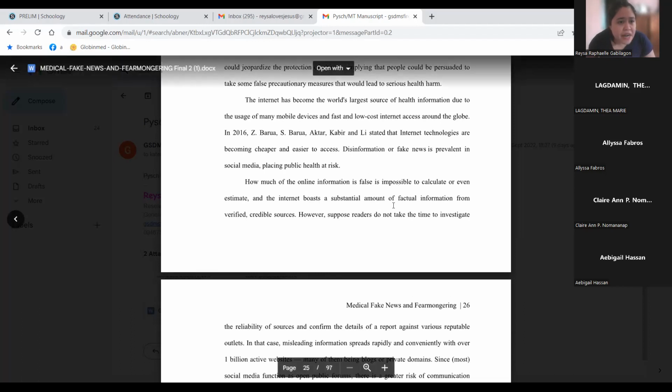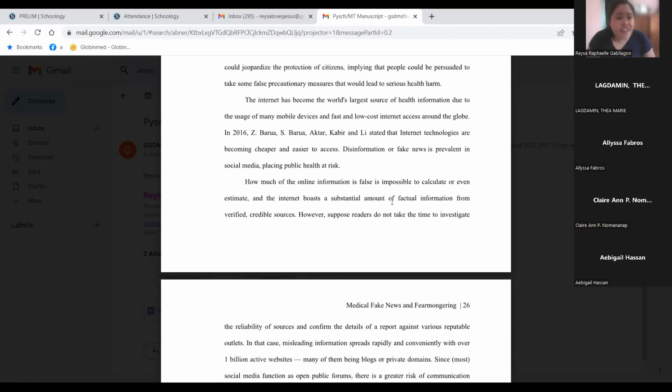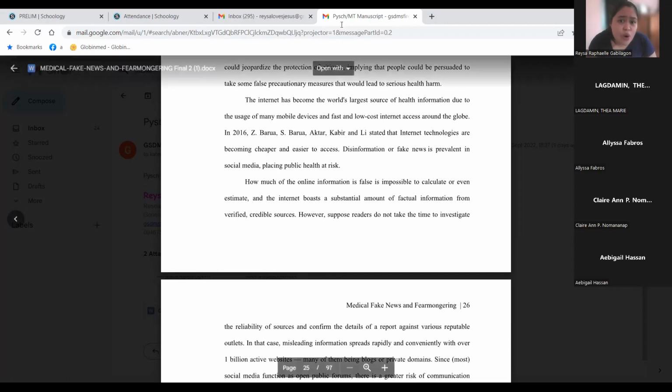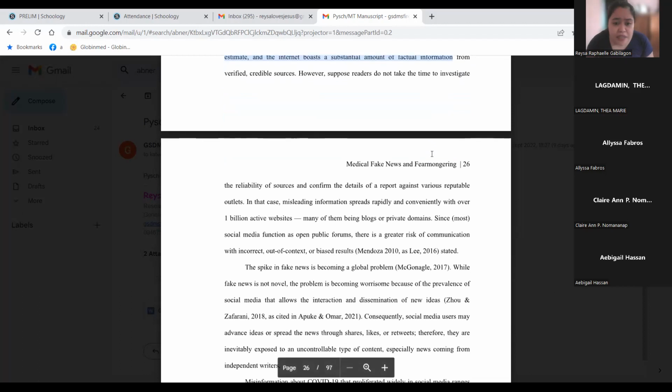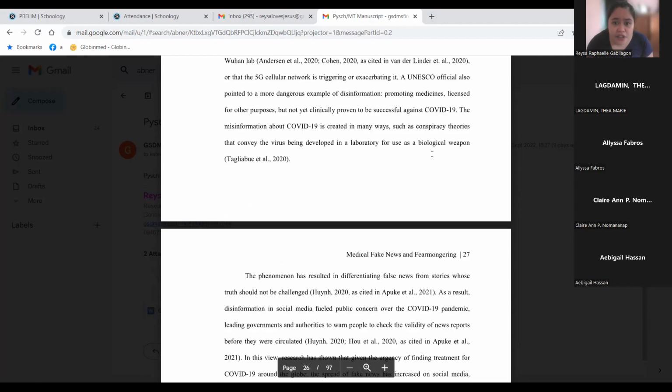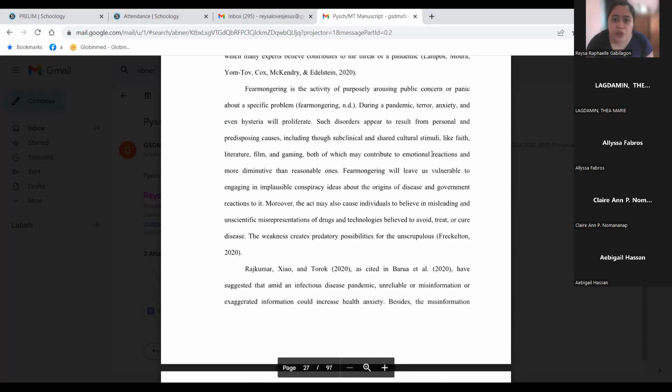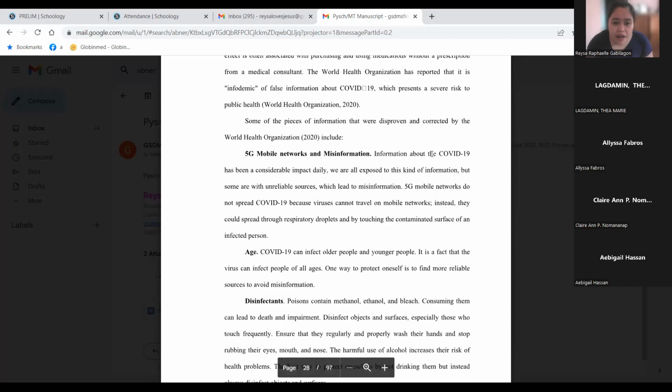During COVID-19, a lot of fake news came out online. The internet became a source of health information, so they went into the discussion of fear-mongering and fake news.